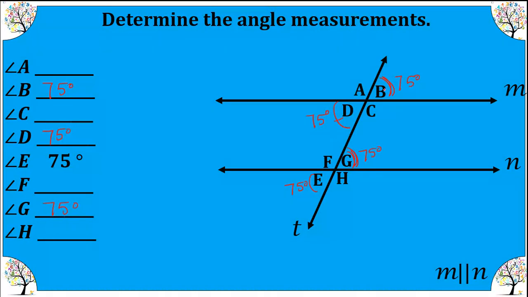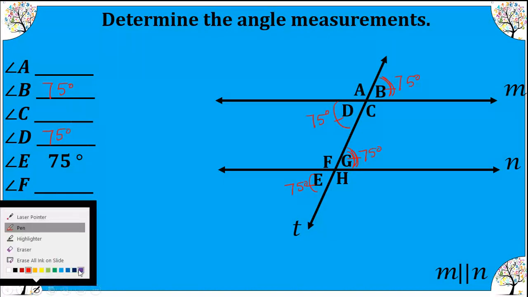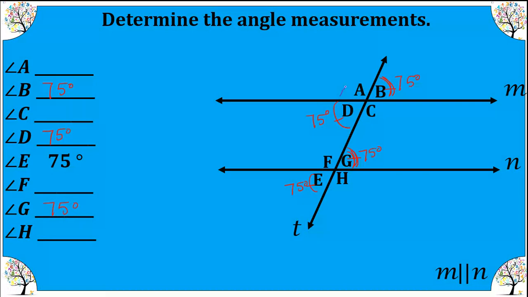And now let's go and find the obtuse measurement of our diagram. So we know A and B are a linear pair. They are supplementary. So I'm going to subtract out 75 from my total, and we are going to get 105. So angle A is 105 degrees because A and B are supplementary. They are a linear pair.